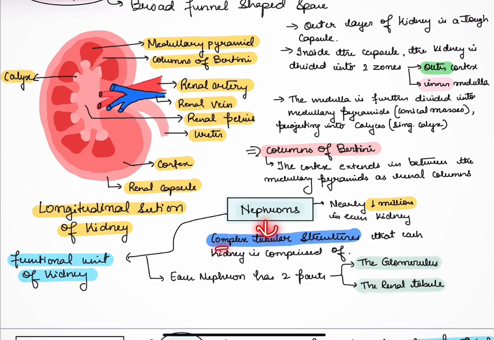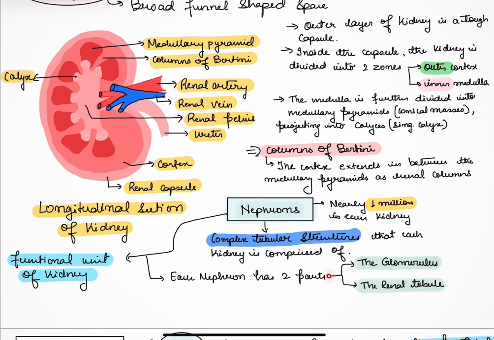These are basically the complex tubular structure contained within each kidney, and each of these nephrons has two parts. The first one being the glomerulus and the second one being the renal tubule. Also, the nephrons are around 1 million in each kidney, accounting to a total of 2 million in both the kidneys.